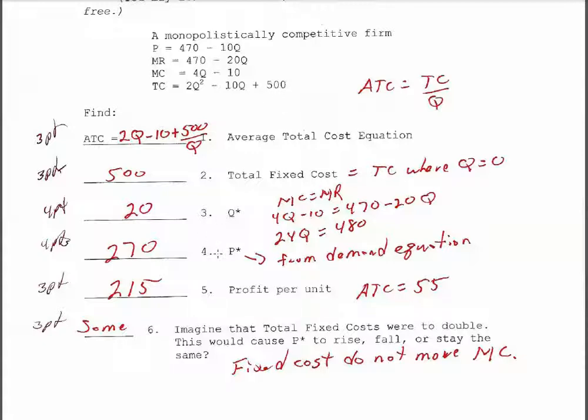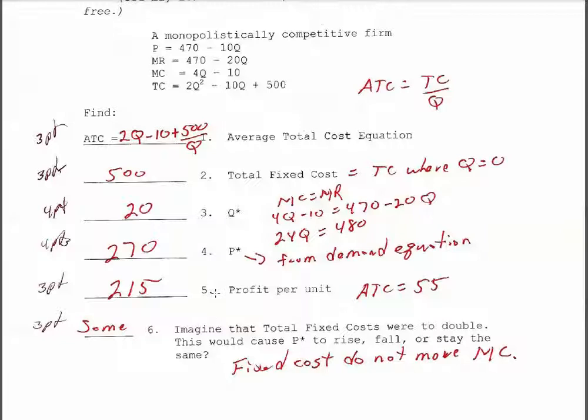Q star and P star are simply the profit maximizing price and output where marginal cost intersects marginal revenue. So you just set these two things equal to each other, and that will give you Q star. In fact, you can see my work over here. And once you know what Q star is, this 20, you can put that into the demand equation, and that will give you P star.